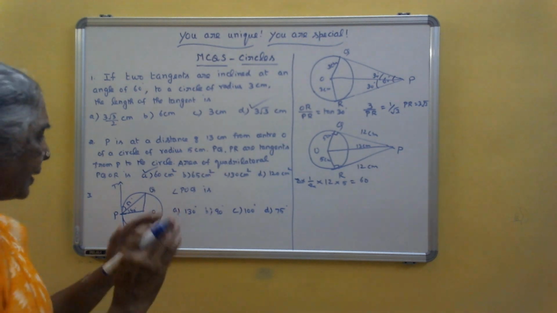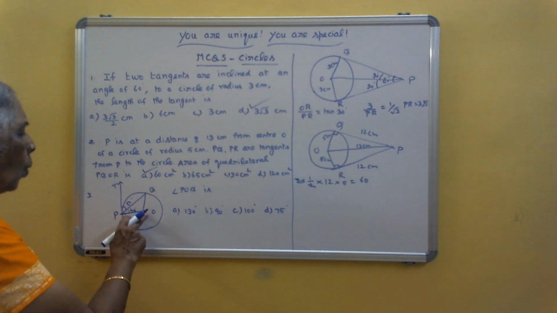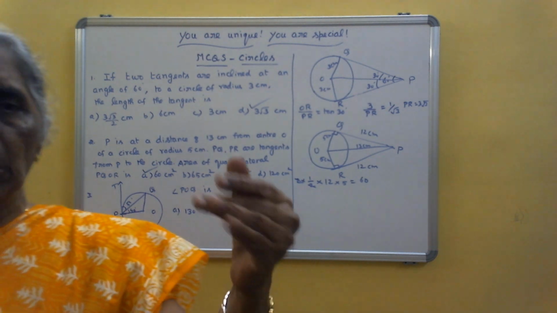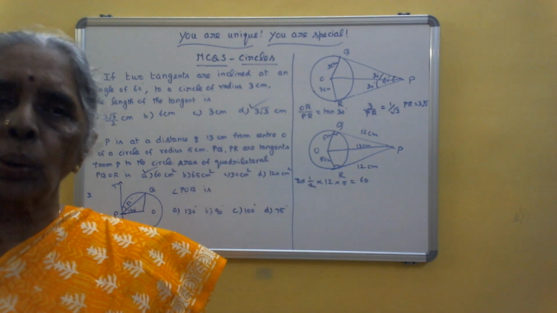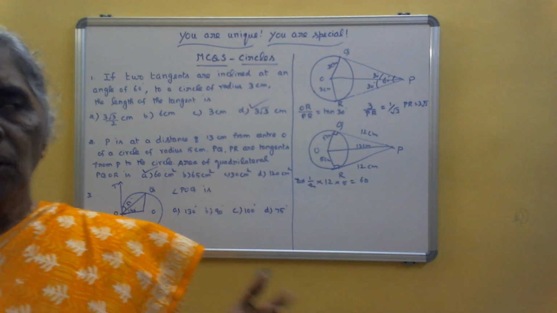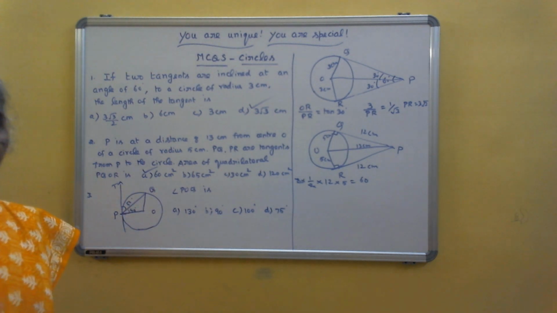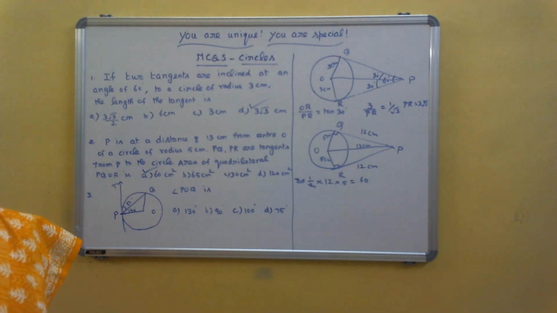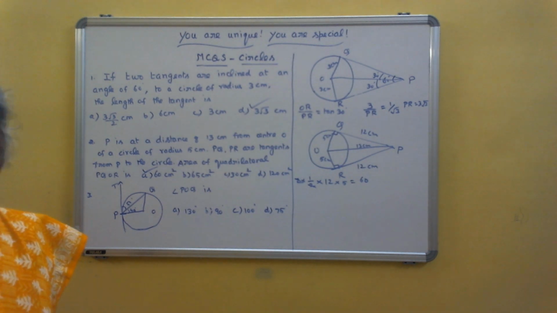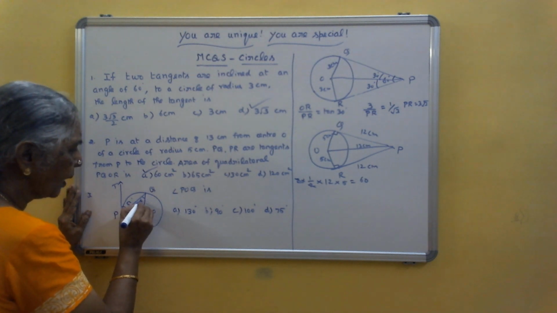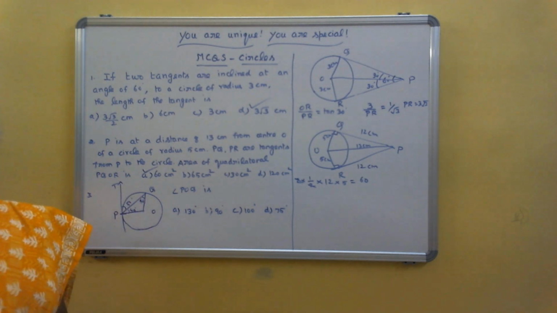Now, you consider the triangle OPQ. In that, you know OP will be equal to OQ because both are radii. So, in a triangle, the angles opposite to equal sides are equal. Remember that concept. Because this is 40 degrees, this will also be 40 degrees.